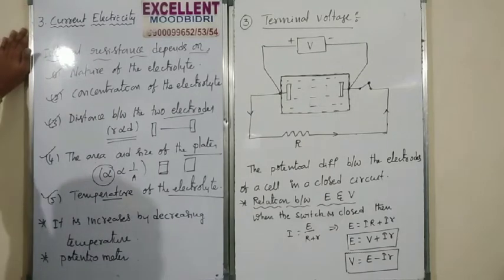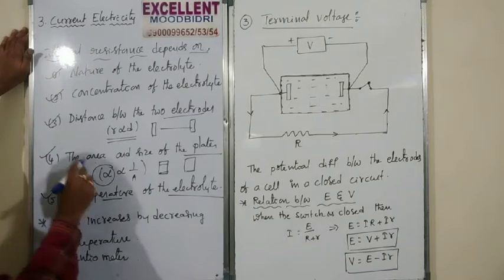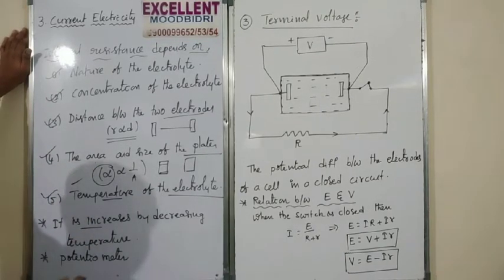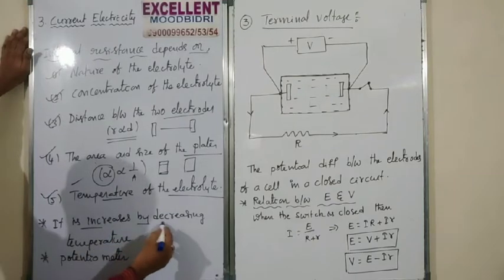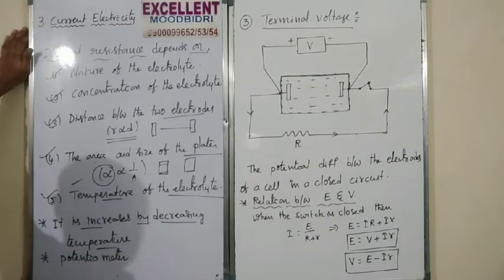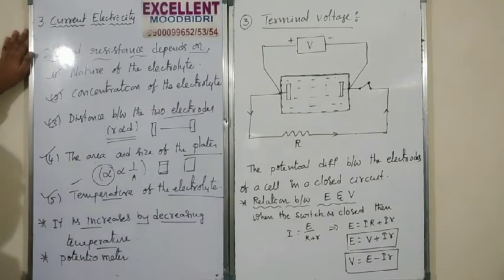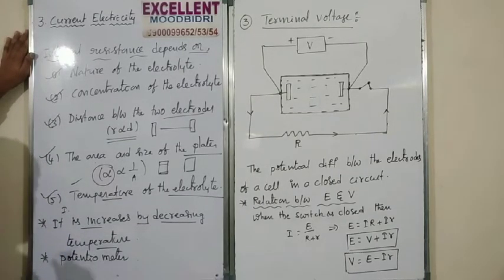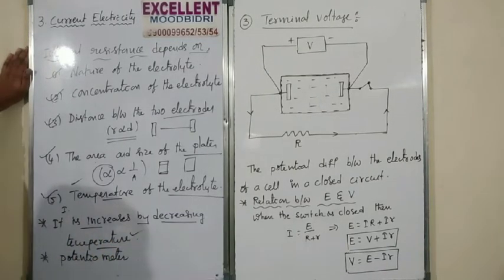It depends on the temperature of the electrolyte. So what is the relation between temperature and internal resistance? Remember here, internal resistance increases by decreasing temperature. Which one? Internal resistance. So it is completely opposite. Correct?